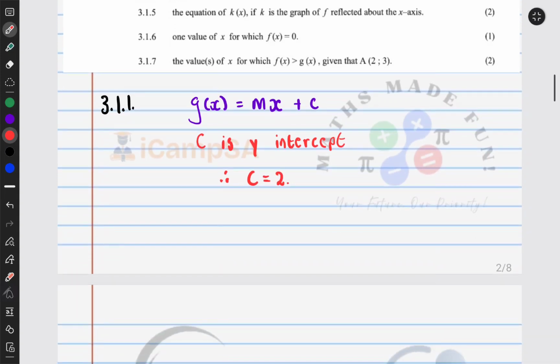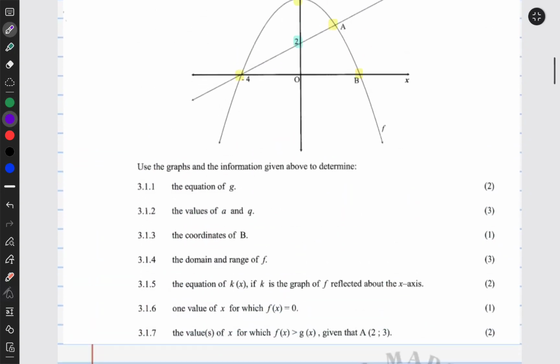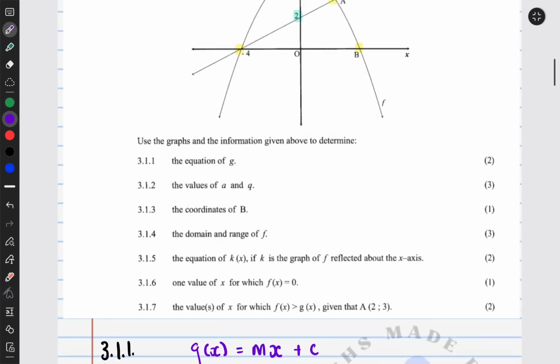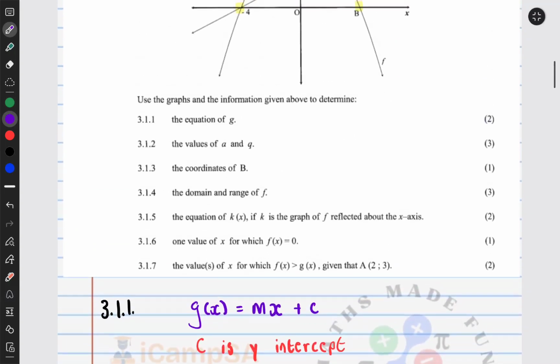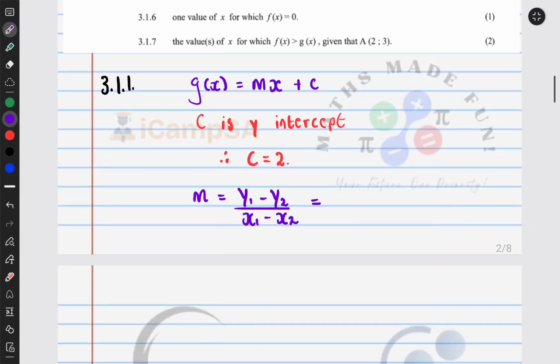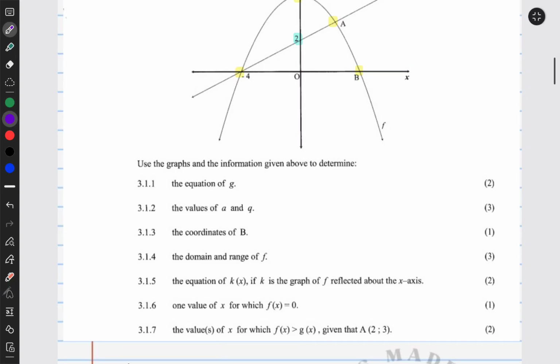And then next, what we have to calculate is the value of m, the gradient. And what is the gradient? The gradient is the difference in height over the difference in run. So y1 minus y2 over x1 minus x2. We'll take the coordinates -4 and 0 as our first coordinate, and then we have 0 and 2.